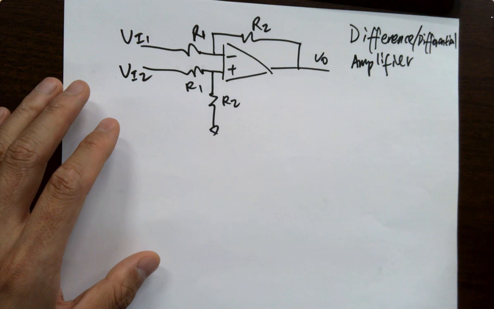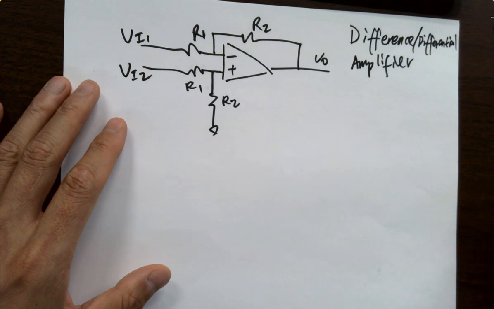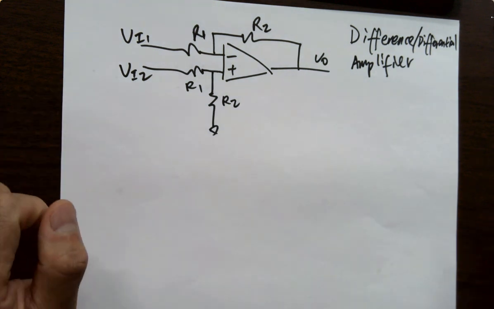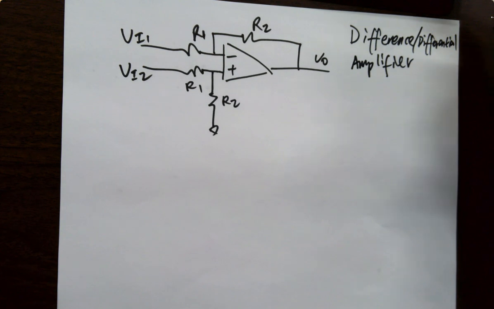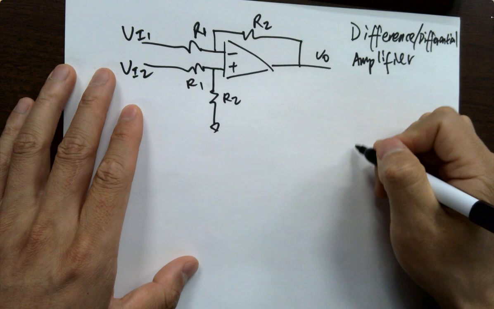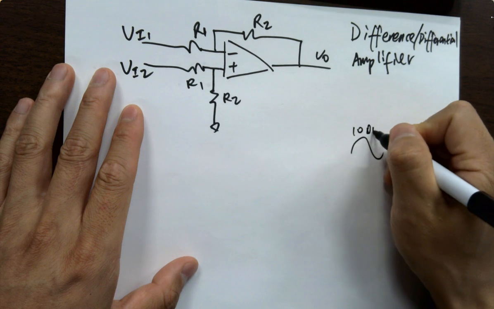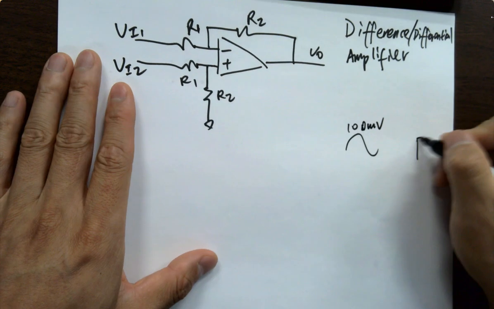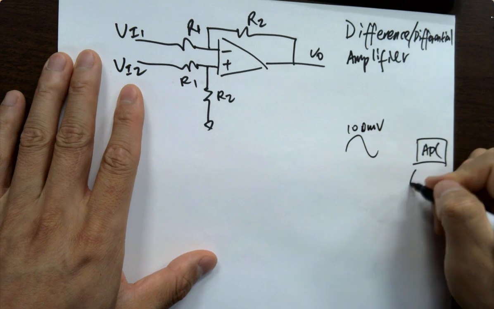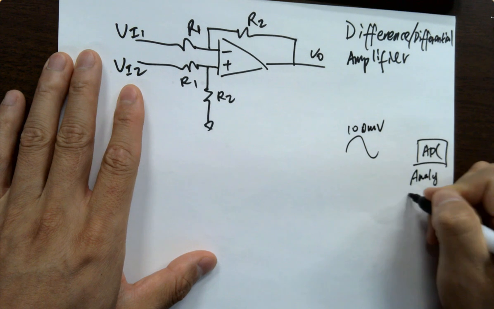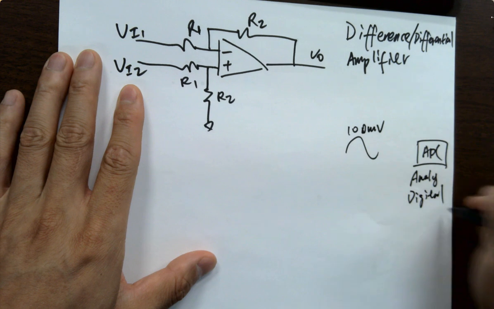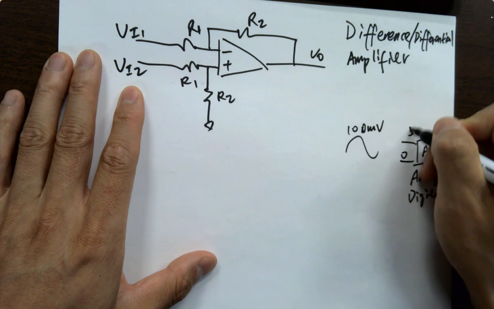Where to get started? I want to know the gain, right? Why do I need to know the gain? That's how you design the amplifier circuit. You know the signal is like 100 millivolts, and your ADC, analog to digital converter, accepts the range of 0 to 5.